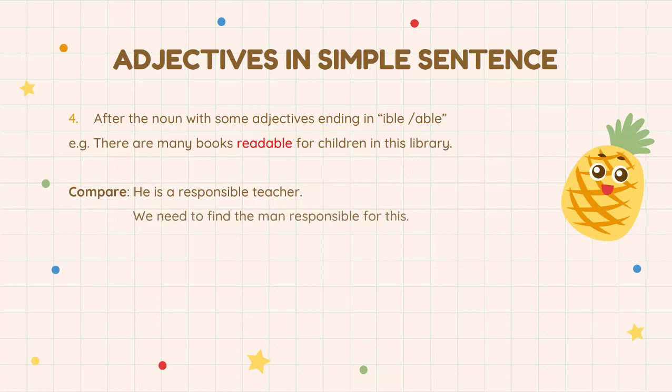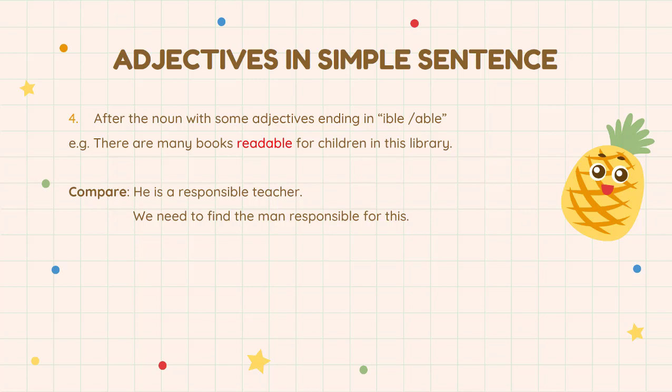But when you want to have the prepositive or the post-positive adjective, you must consider the meaning that you want to express. For example, he is a responsible teacher. It means that the teacher has the ability to act right or to make a good decision, or have good judgment.